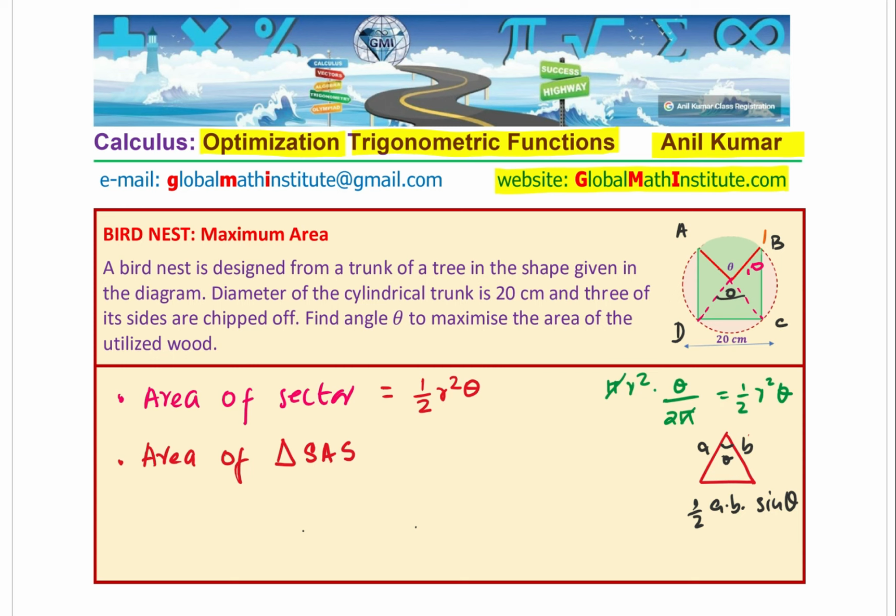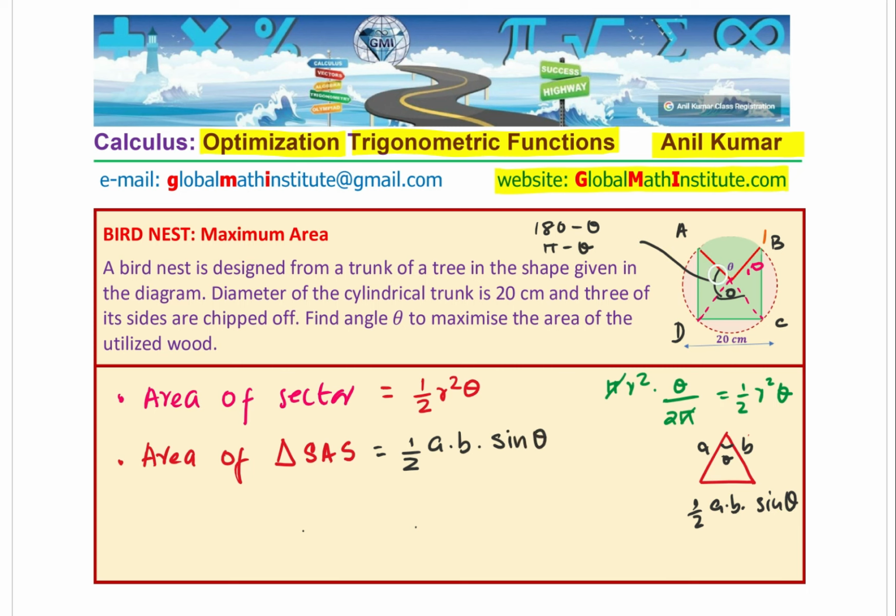Now let's look into the other triangle. As you can see, the other angles here are what? This angle is 180 minus theta, or you can say pi minus theta, right? Either way. So in that case, you also realize that area of a triangle could be written as half A times B times sine theta in general.